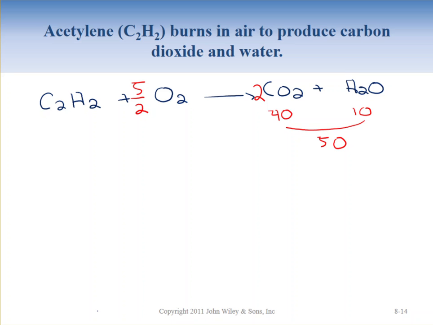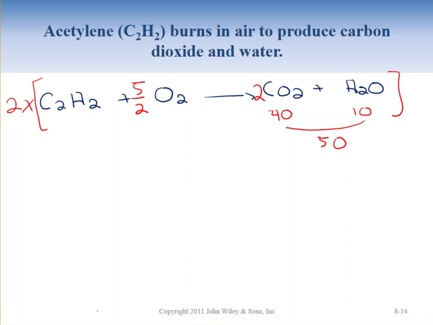But remember that our balancing coefficients have to be whole numbers. We can't have fractions. So in order to not have a fraction, I'm going to multiply the entire equation by 2 to eliminate the half, that 5½ coefficient that I have.